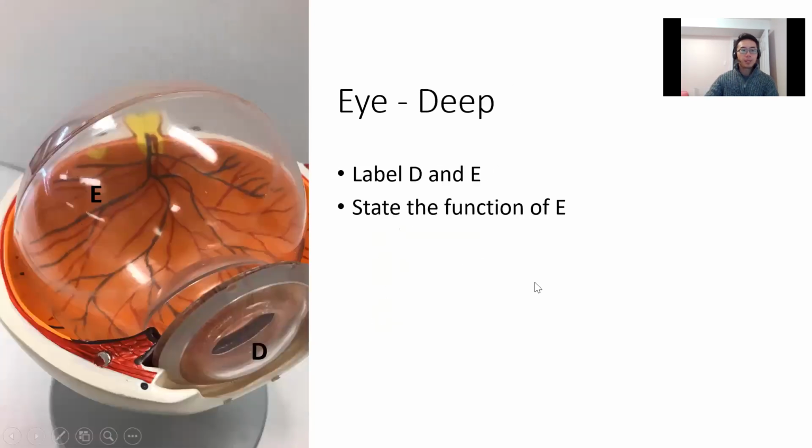If you open up the eyeball, you will see this big gel thing. What is that? Anybody can help me out here? Is that the vicarious humor? That's right, the vitreous humor, which is a gel-like substance that helps reinforce the shape of the eyeball.